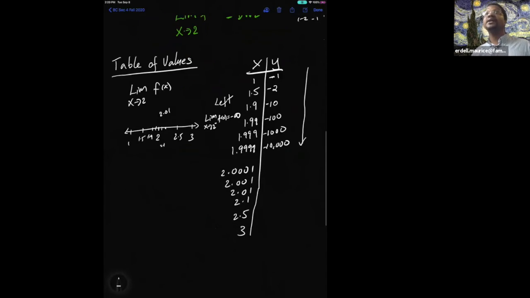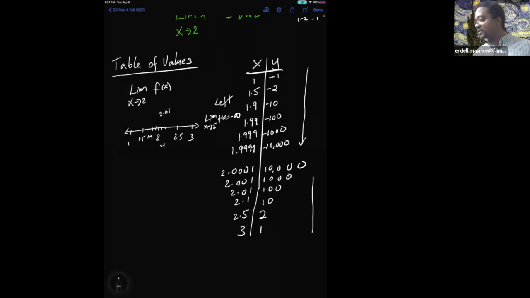On the other side, if I plug in 3, again, the answer would be 1. If I plug in 2.5, it turns out the answer is 2. And this answer is 10. And this answer is 100. And this answer is 1,000. This answer right here is 10,000.